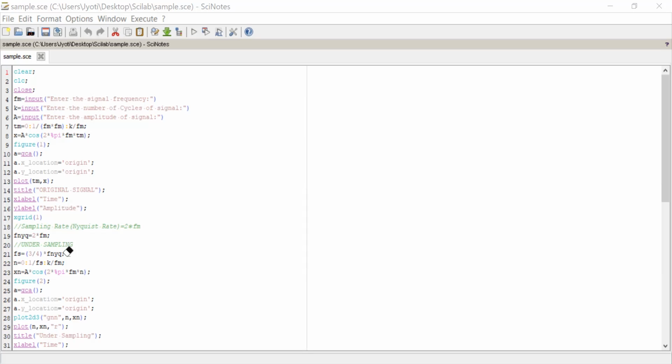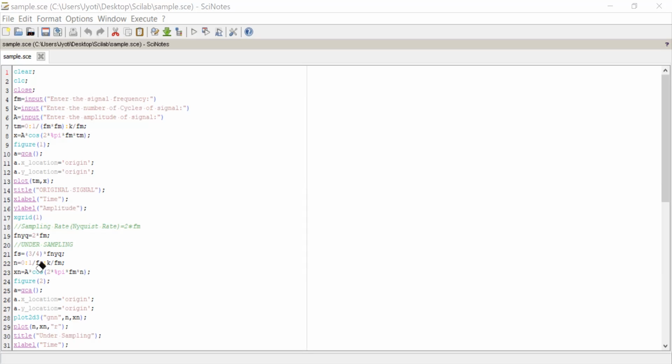Next, we need to display this waveform. If we are undersampling, we need to display those values. Therefore, n is again along the x-axis. N values are taken from 0 to k/Fm in steps of 1/Fs. Next, for this Fs, what will be your xn?